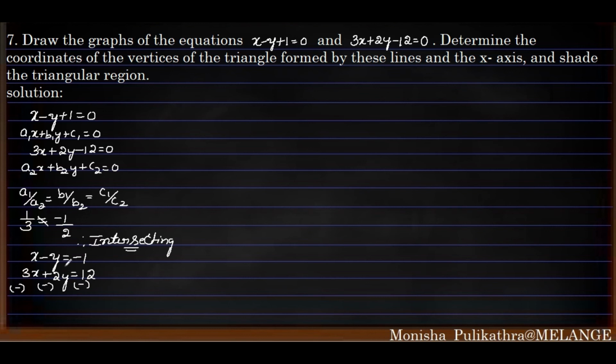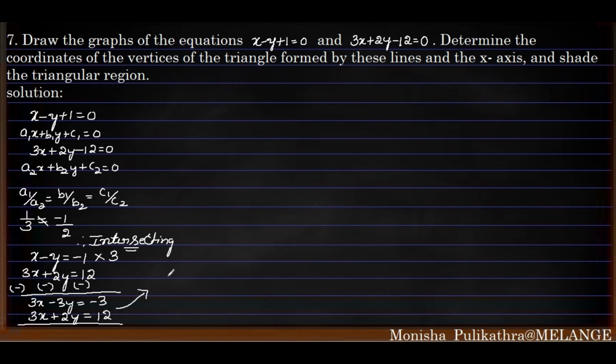But here not even a single term is the same, not the x term and also not the y term. So I will make the x term the same by multiplying the first equation by 3. It will become 3x minus 3y is equal to 3 into minus 1, that is minus 3. Write the second equation as it is, 3x plus 2y is equal to 12.